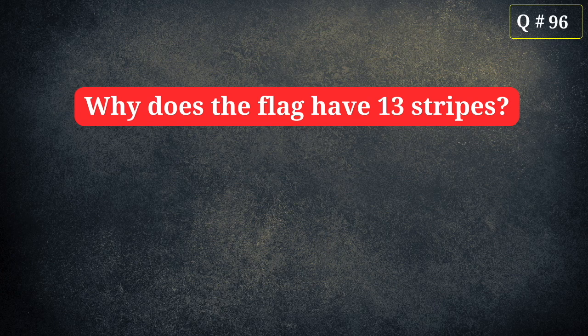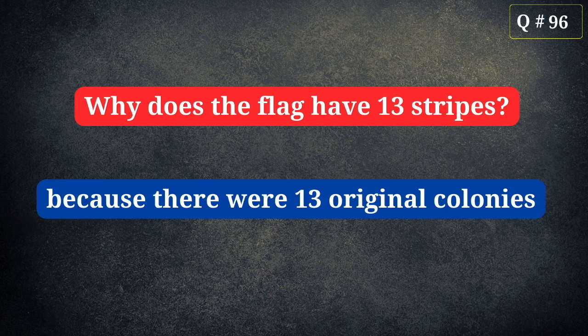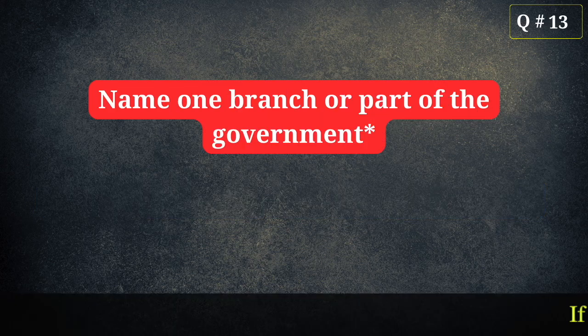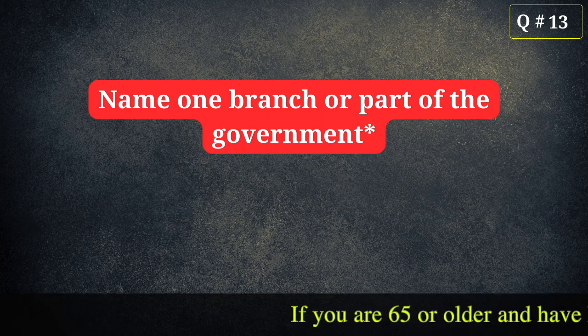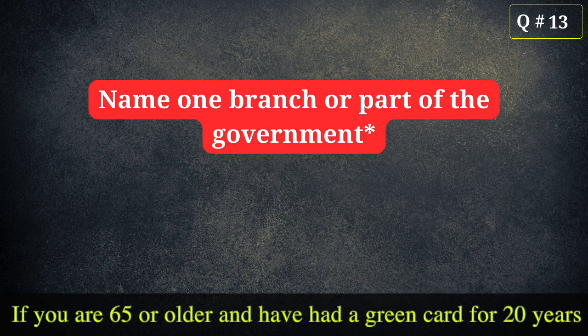Why does the flag have 13 stripes? Because there were 13 original colonies. Name one branch or part of the government.